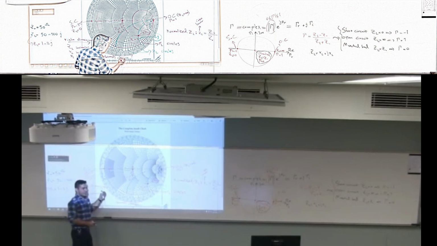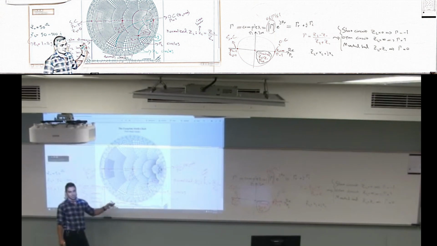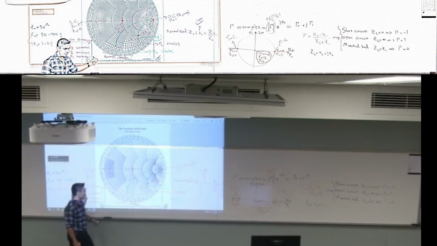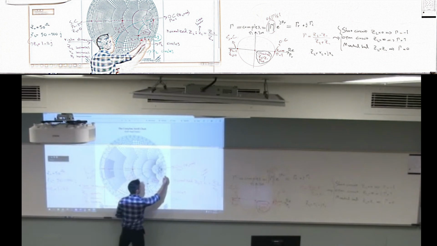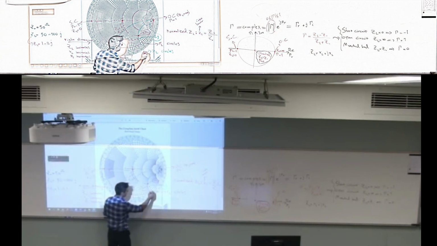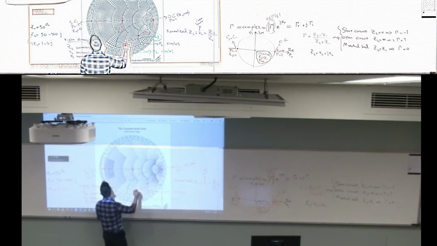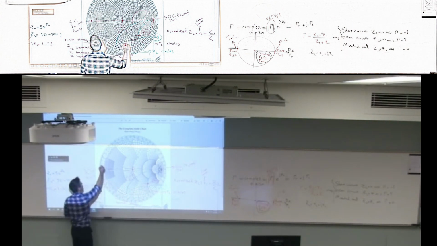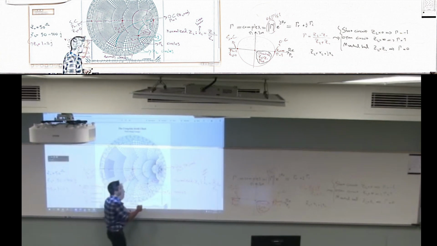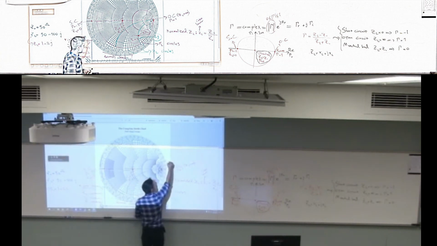The length is given in terms of lambda. It may be half lambda, it may be like 0.2 lambda. You just have to travel based on the values you see on lambda, which is the outer circle values. And then this is the direction towards generator.